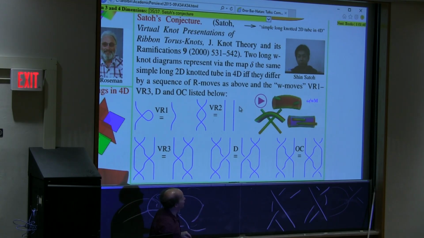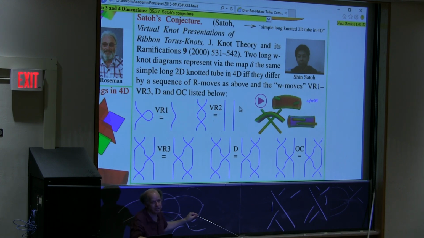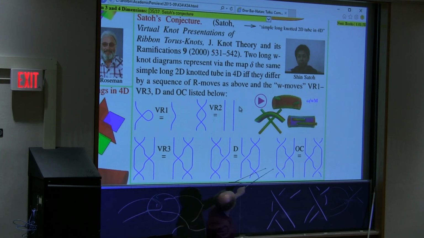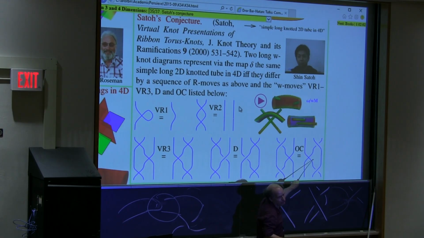And it's kind of fun to visualize why these 5 moves actually hold. Why is the collection of tubes represented here the same as the collection of tubes represented here in 4 dimensions?